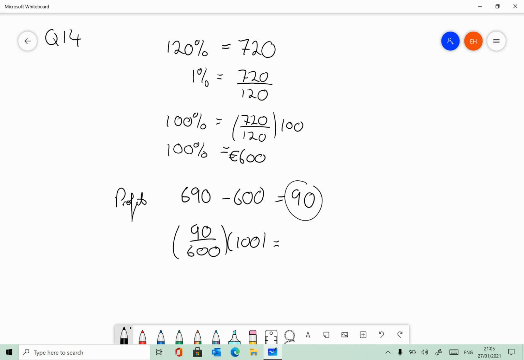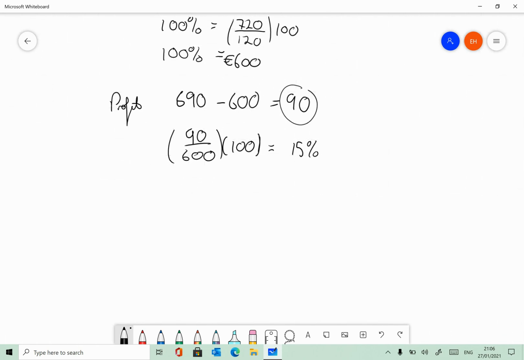And that's equal to 15. So it would make 15%. So if it sold them for 690, it's making 15%. And if it's selling them for 720, it's making 20%. If the store sold the television sets for 570, what percentage loss would it make?